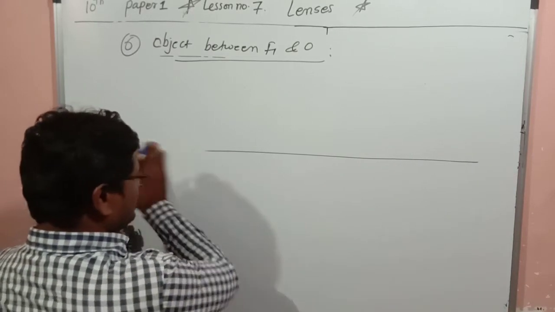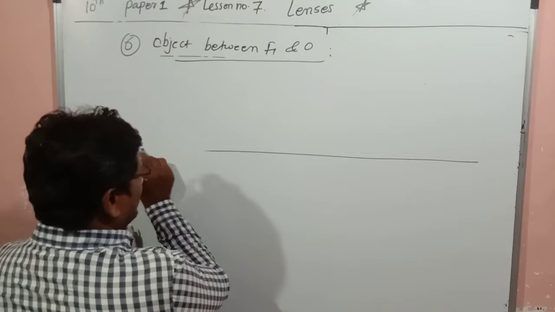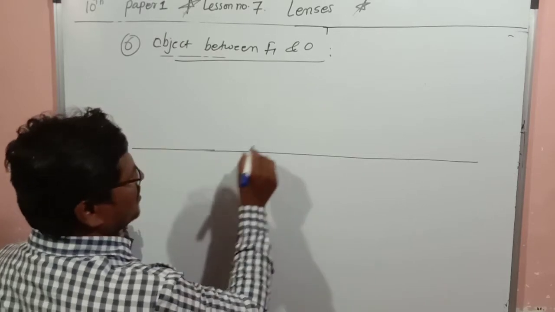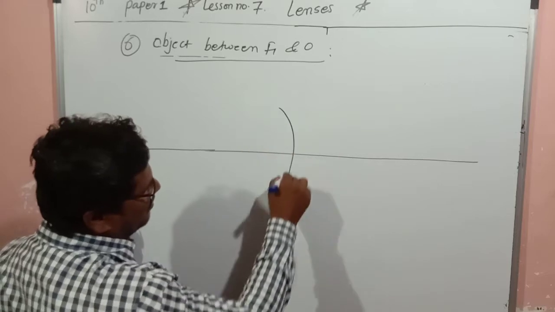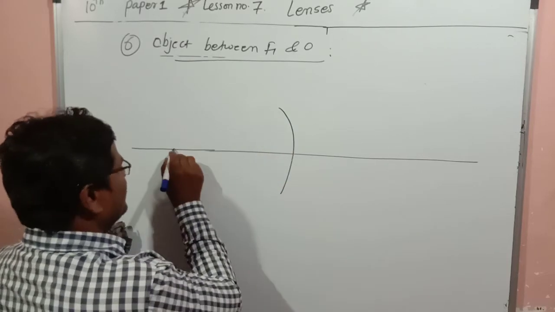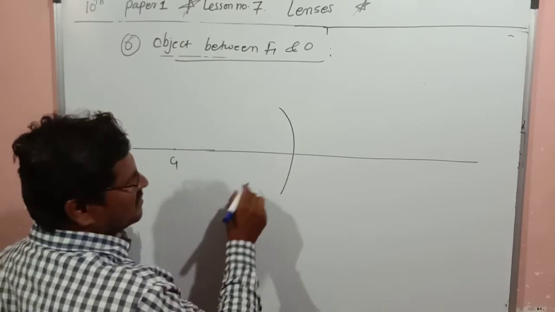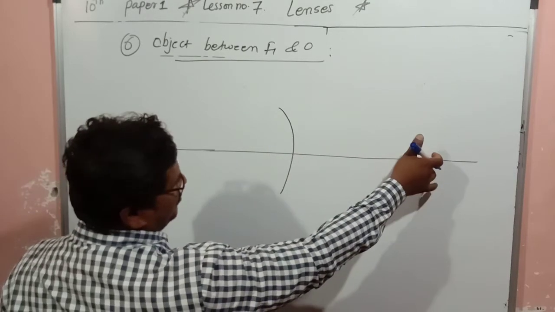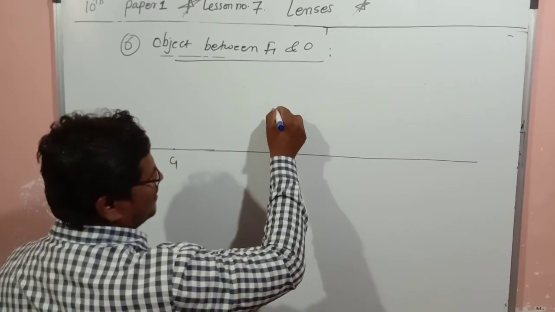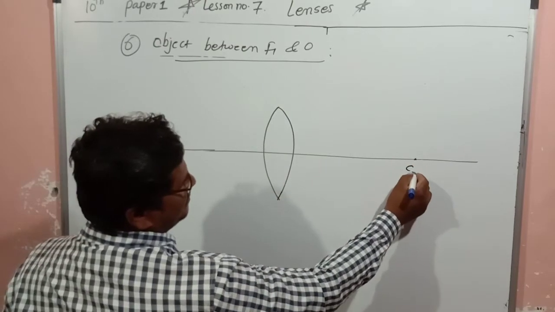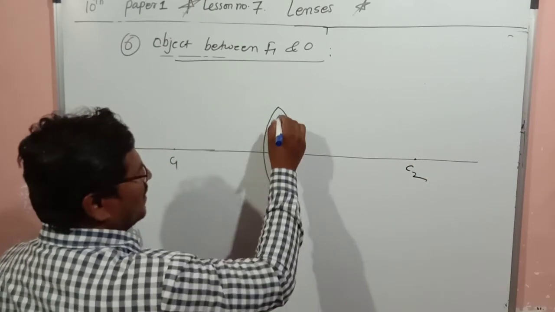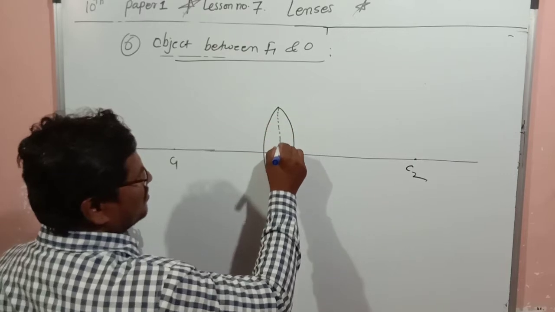After that, you take a certain distance in your compass and draw one arc. Here will be your C1. Then from the other side, take a certain distance and draw another arc. Here will be your C2, and you join these two.